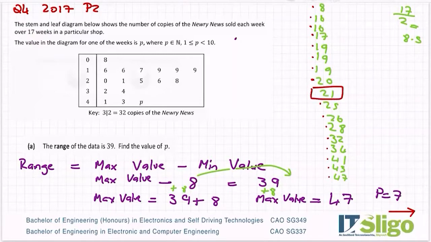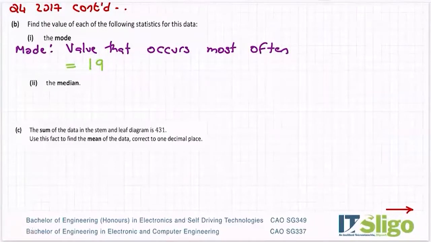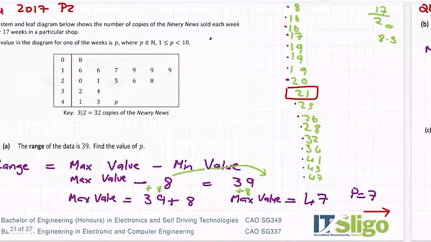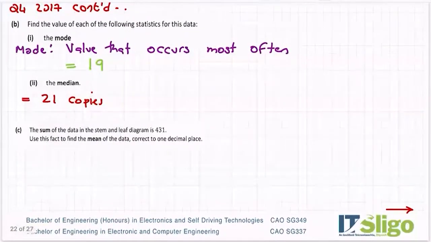You'll always have a single value in the middle for the median if you have an odd number of values. If you have an even number, you'll end up with 2 values in the middle, and you get the average of those 2. So the median of this one is 21 copies of the Mullery News sold over those 17 weeks.